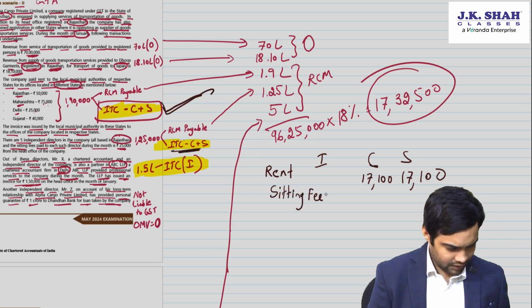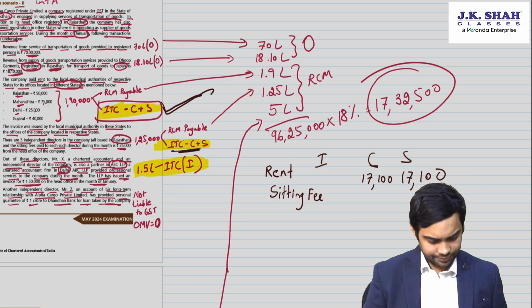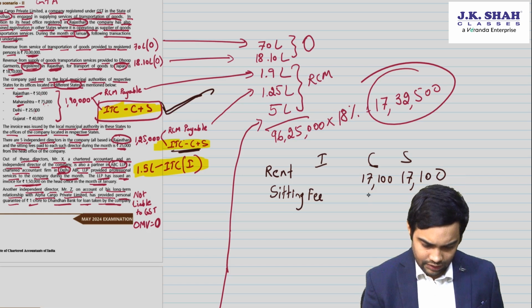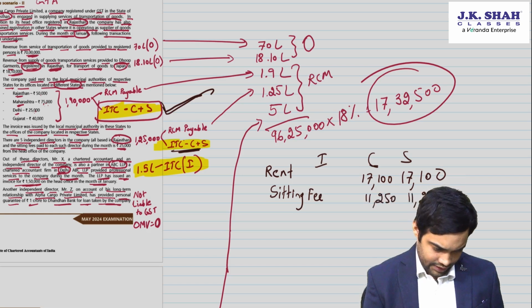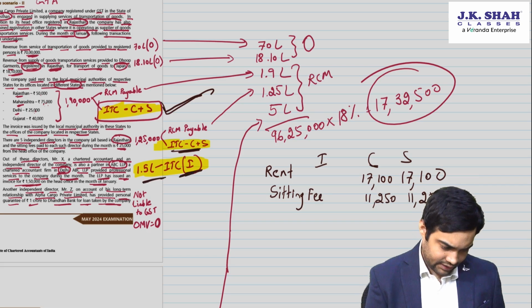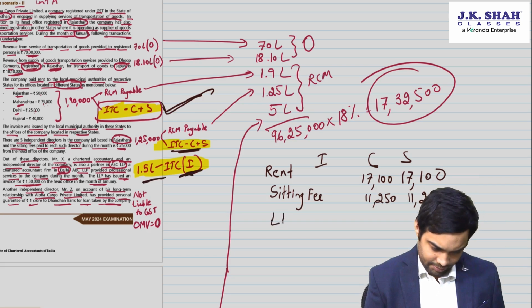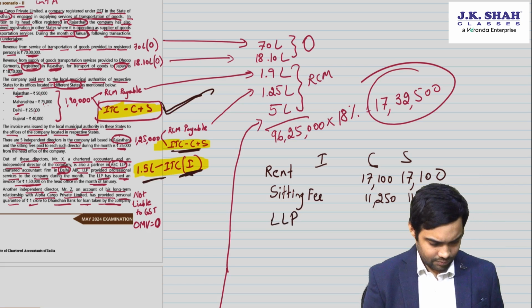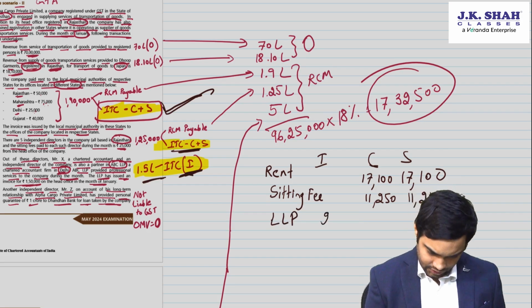Sitting fees 125 into 9%, which comes to 11,250. Then 1.5 lakh IGST. This is from the LLP CA service. 1.5 into 18%, 27,000 IGST.